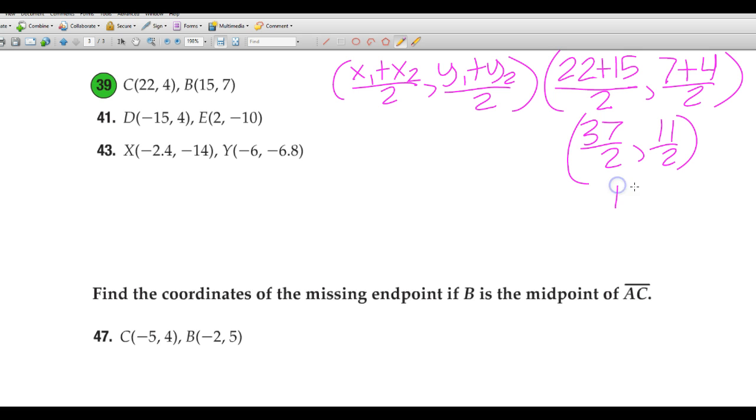So we get 18.5 for the x and 5.5 for the y.